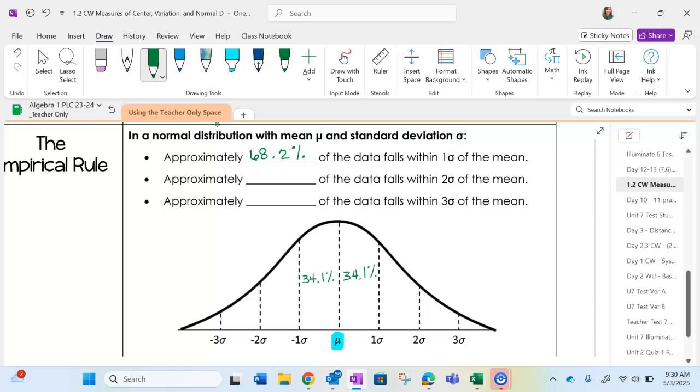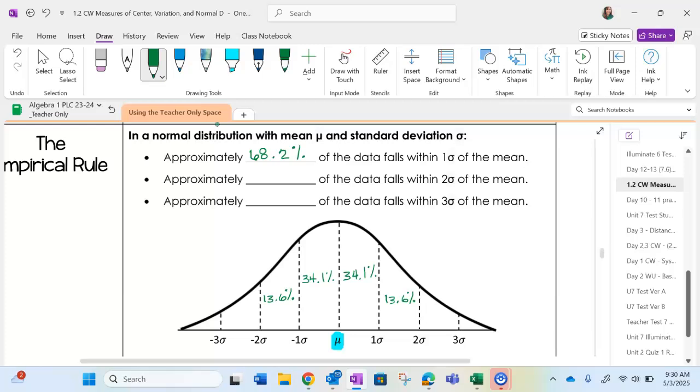Now, how much data falls within 2 standard deviations? Now we have 2. We have 1 to the positive and 1 to the negative. These are 13.6% between 1 and 2. 13.6%. And yes, you will have to remember these numbers, but you only have to remember one side because it's the equivalent on the other side.